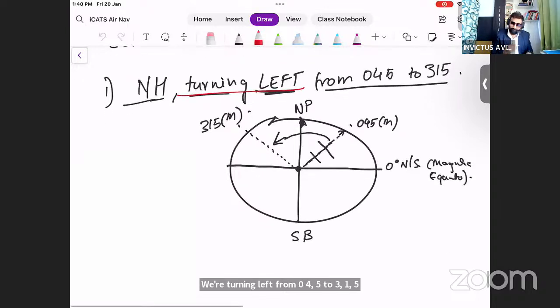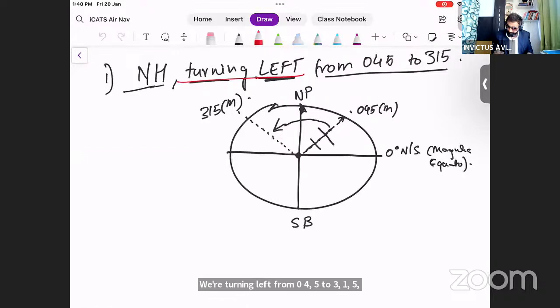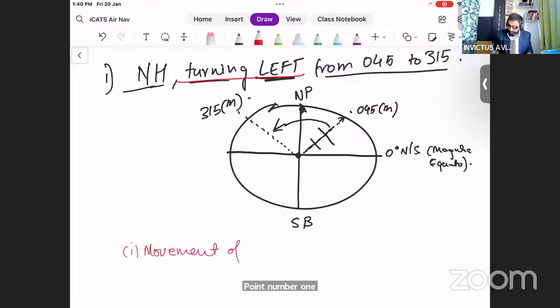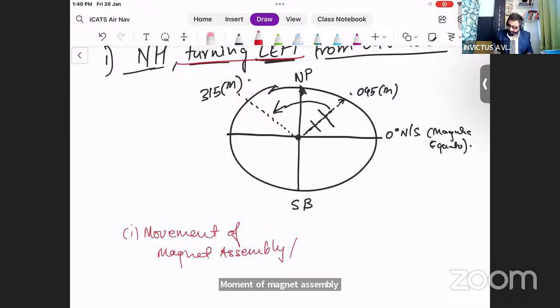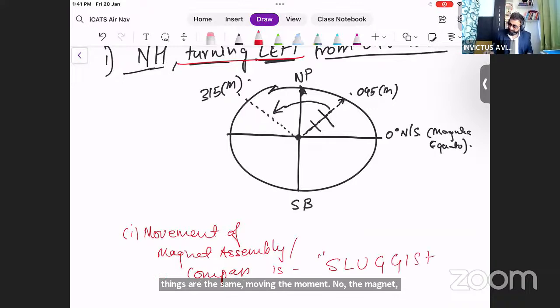Write down. Point number 1: the movement of the magnet assembly or compass, whatever, all things are the same, is sluggish.